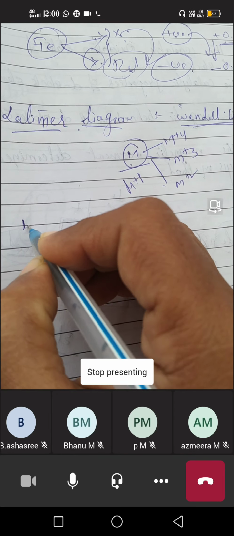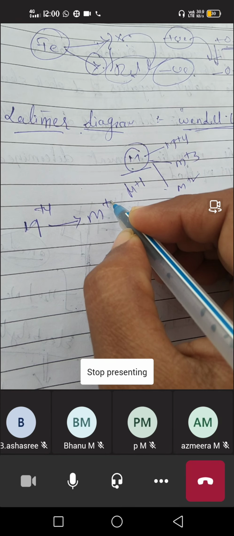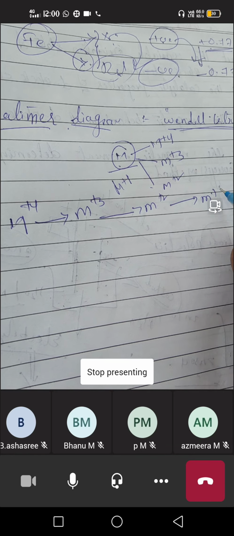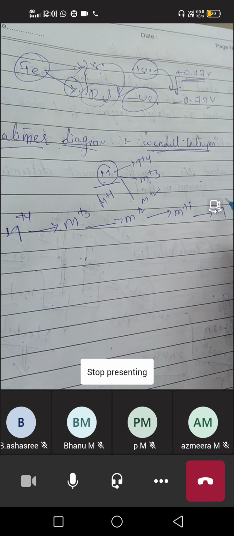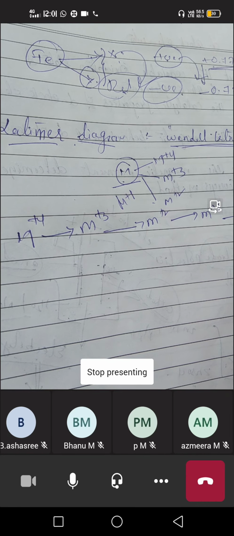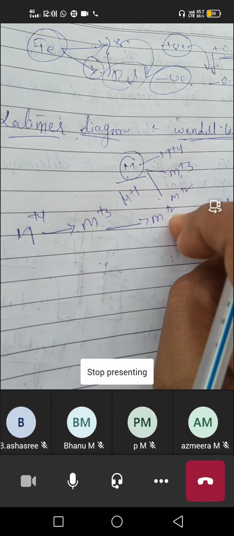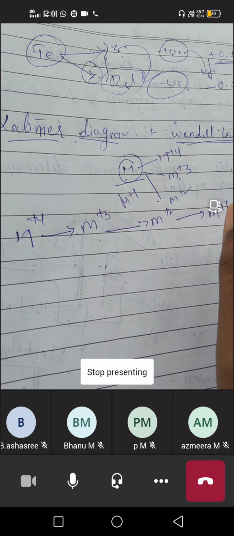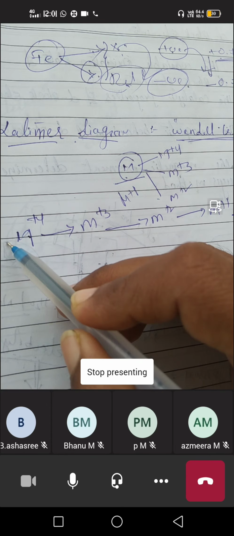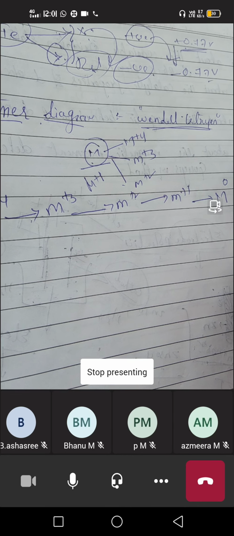For example, M+4, then M+3, then M+2, then M+1, and finally simply M, where the oxidation state is 0. This is the way to write the Latimer diagram: first the highest oxidation state at the left side, then following the decreasing order.